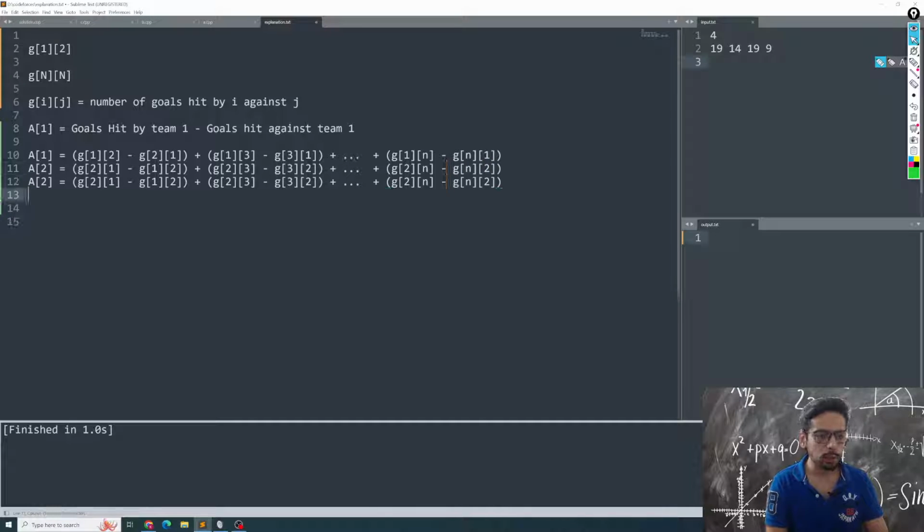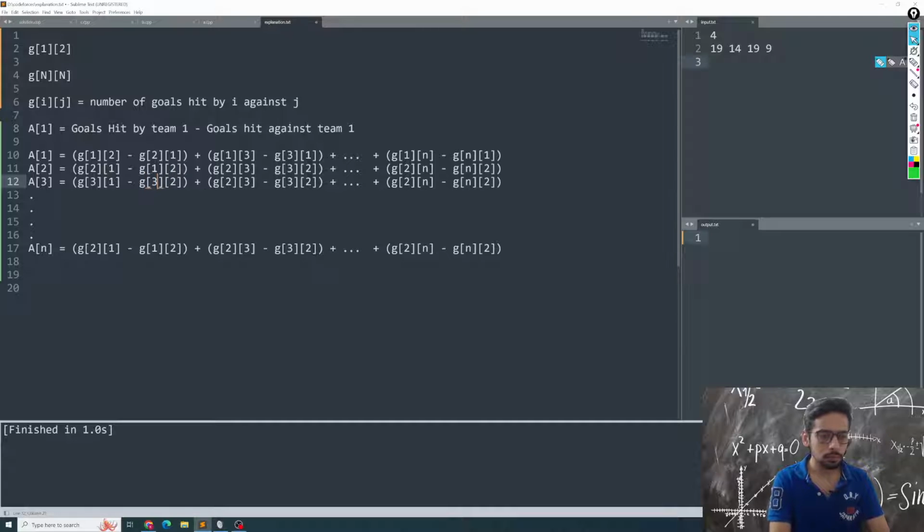And similarly, I'm going to write A3 and AN. Goals that the third team hits on the second team minus the second team hitting on the third team.